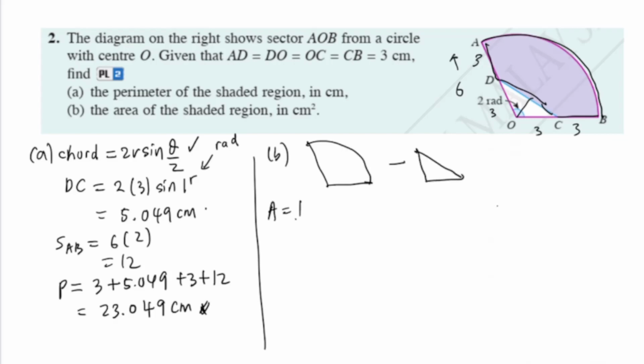Your big sector has radius of 6, angle is 2 radian. Half r squared theta minus half ab sine C, which is half times 3 times 3, so we can write 3 squared sine 2 radian. So this will be 31.0908. Fairly simple as well.